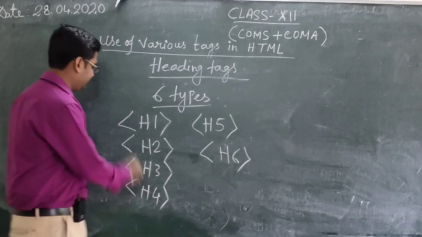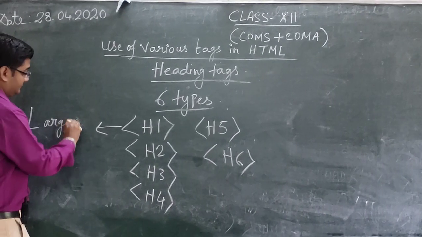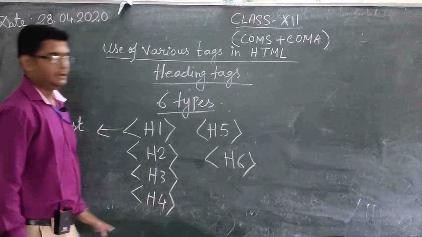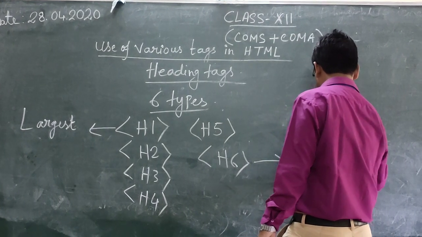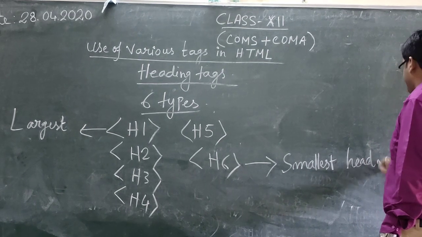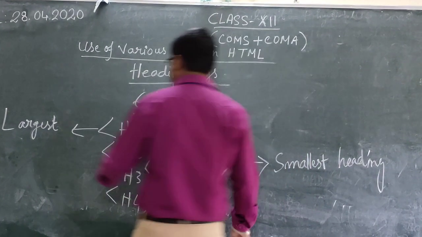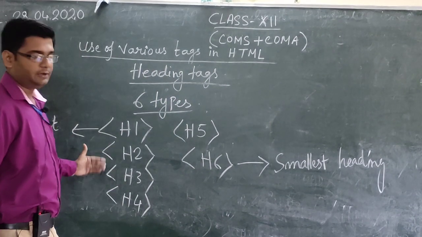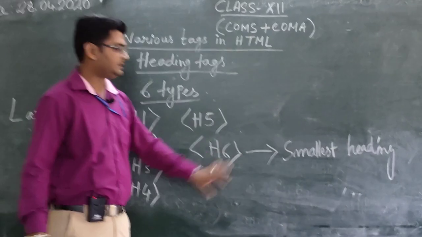So in this case H1 is the largest heading tag and H6 is the smallest heading tag. So H1 is the largest, after that H2, H3, H4, H5 and last comes H6 which is the smallest heading tag.